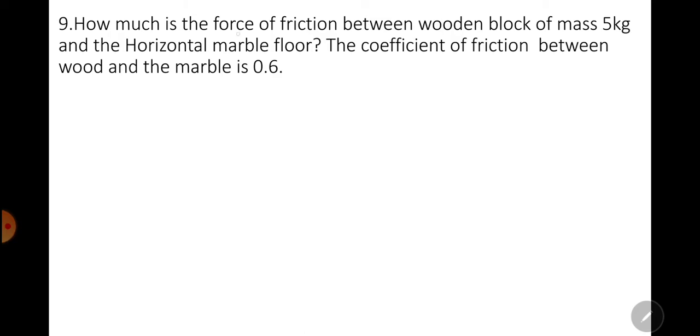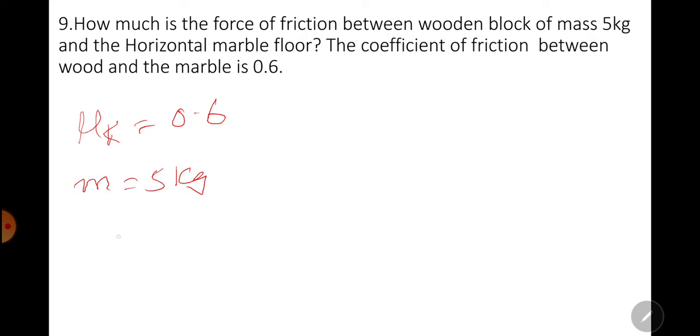Now, how much is the force of friction between a wooden block of mass 5 kg and a horizontal marble floor? The coefficient of friction between the wood and marble is 0.6. Mass is 5 kg.